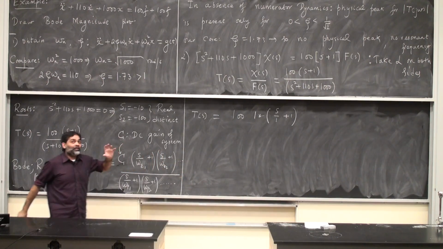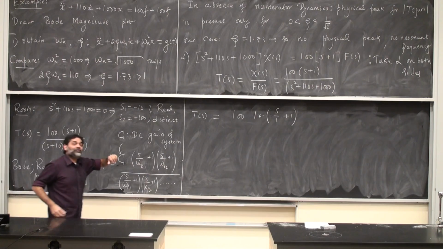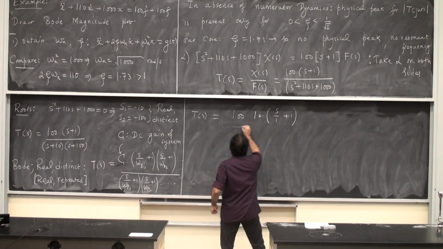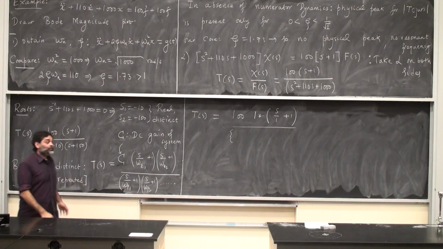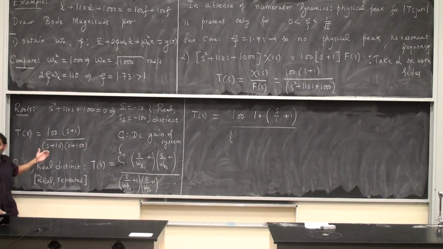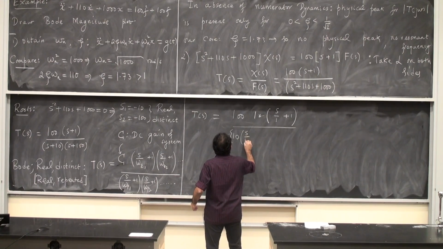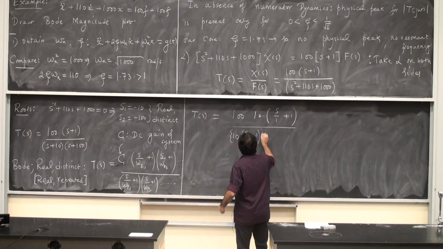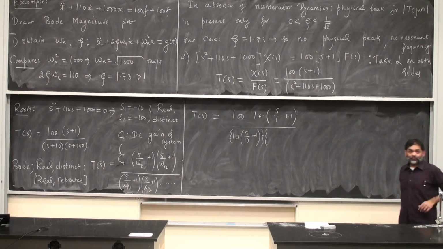What I did was, from the numerator, I took this 1 outside, common sense, and I divided everything by whatever I took outside. I do the same thing in the denominator as well. The first one, I take the factor of 10 out, so that's 10 times (S by 10 plus 1). And in the second one, I take the factor of 100 out.